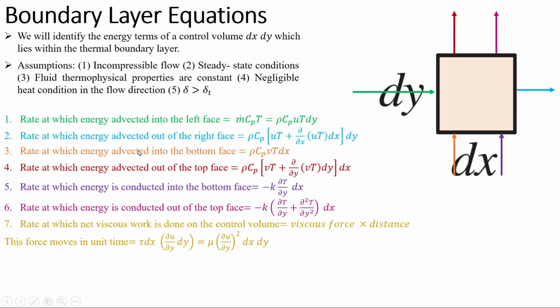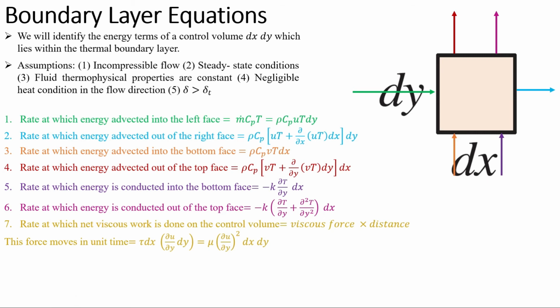Equations 1, 3, 5 and 7 show the energy that comes into this control volume, and equations 2, 4 and 6 show the energy that goes out from this control volume.